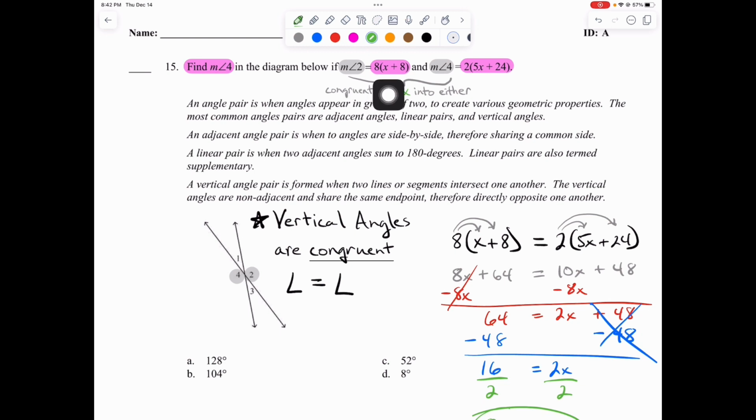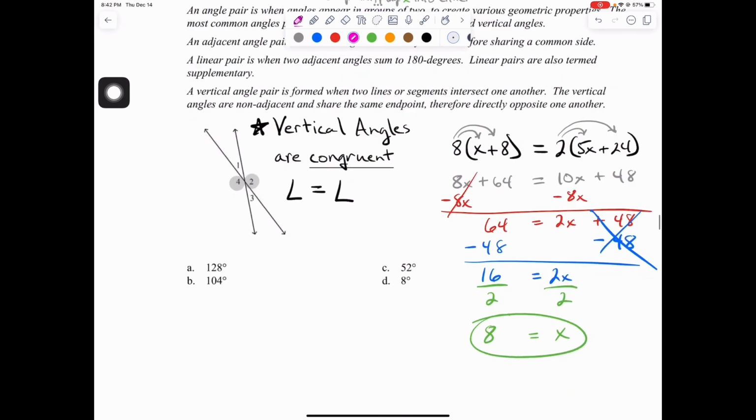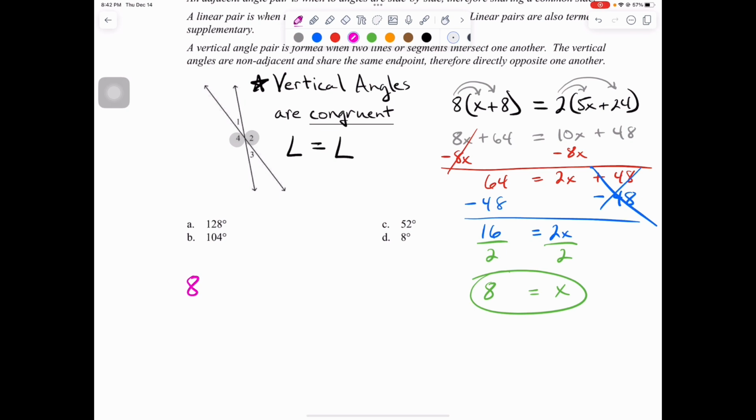Now, you can plug in for either of these because they're congruent, and we already knew that because it's angle equals angle. Instead of having to write some double parentheses in my calculator, I'm just going to plug into angle 2, because when I see that x with no coefficient, to me it's just a lot simpler. It had an 8.